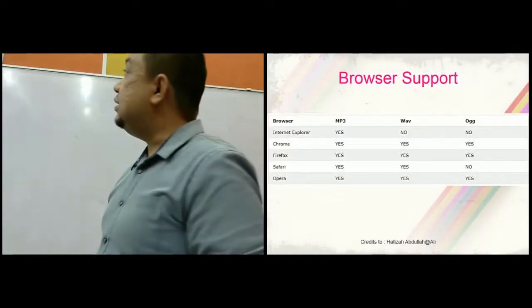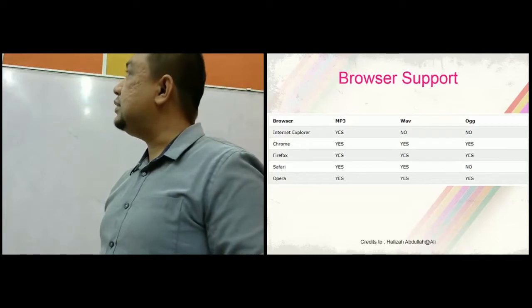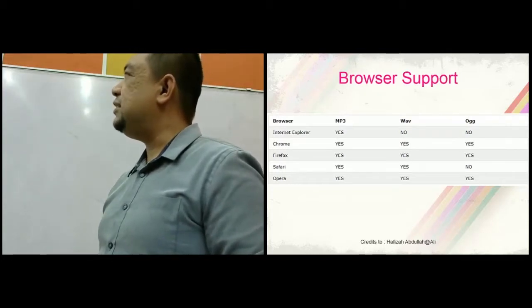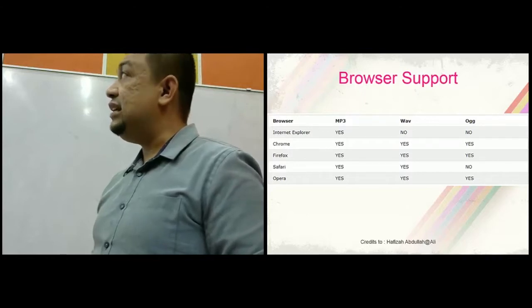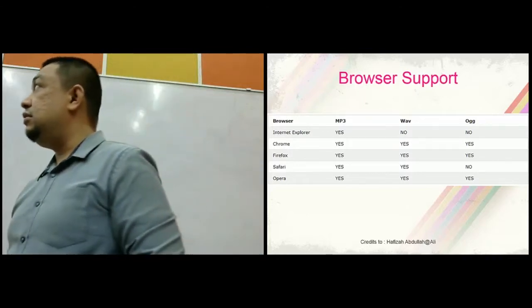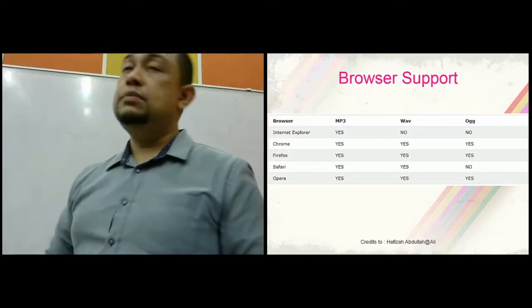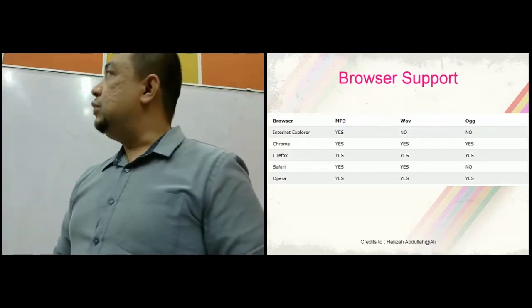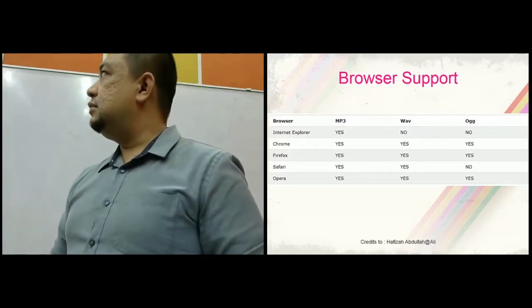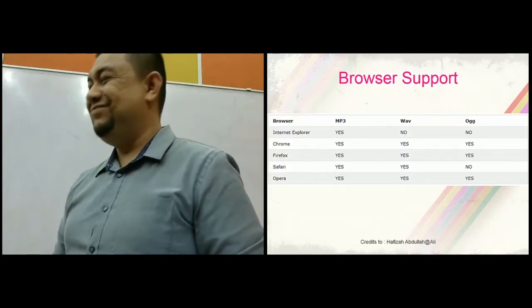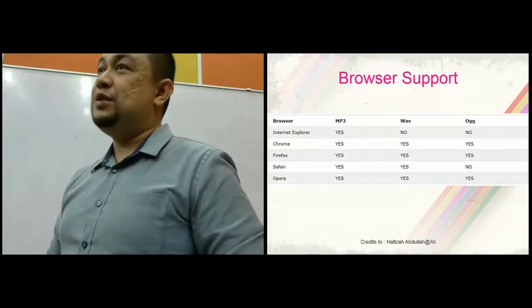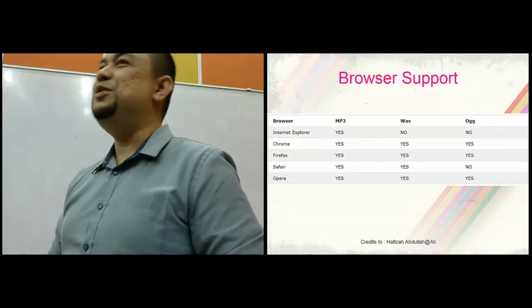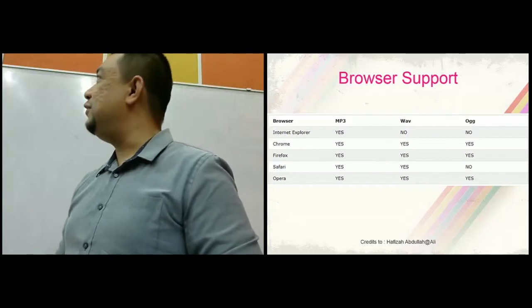So this is browser support for specific file formats. As you can see, MP3 is supported by most browsers, but WAV is not supported by Internet Explorer. Surprising, because Internet Explorer is from Microsoft, but it does not support its own file format.